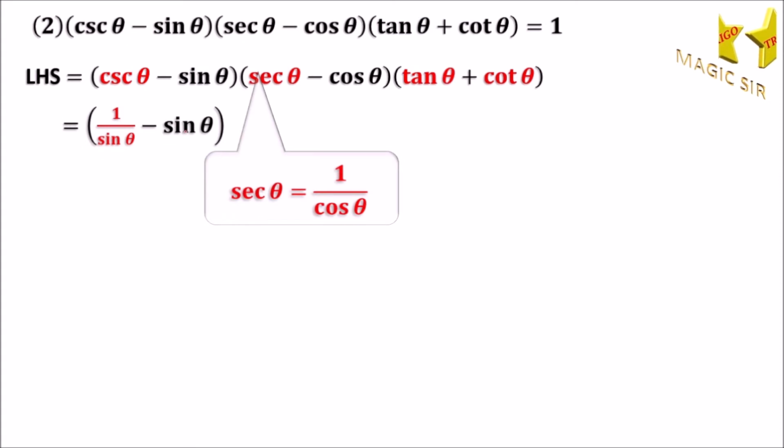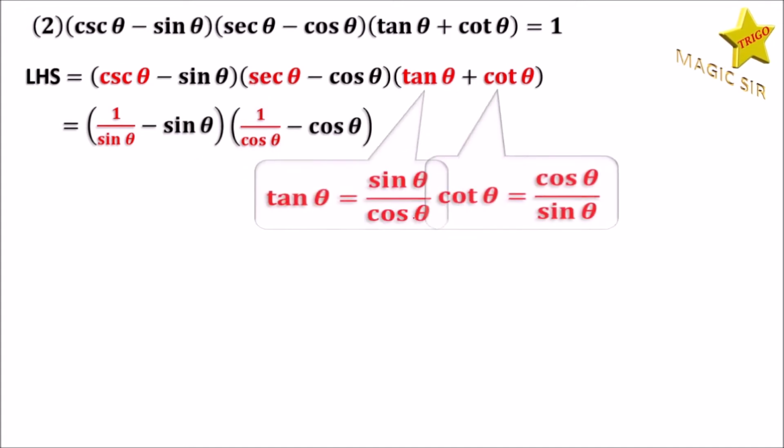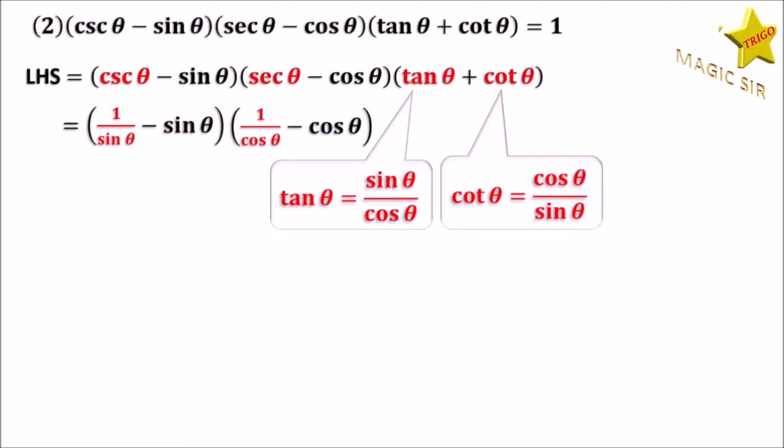In the second bracket, sec theta equal to 1 upon cos theta. So we can replace sec theta with 1 upon cos theta. And tan theta is equal to sin theta upon cos theta, and cot theta equal to cos theta upon sin theta. So we can replace tan theta with sin theta upon cos theta and cot theta with cos theta upon sin theta.